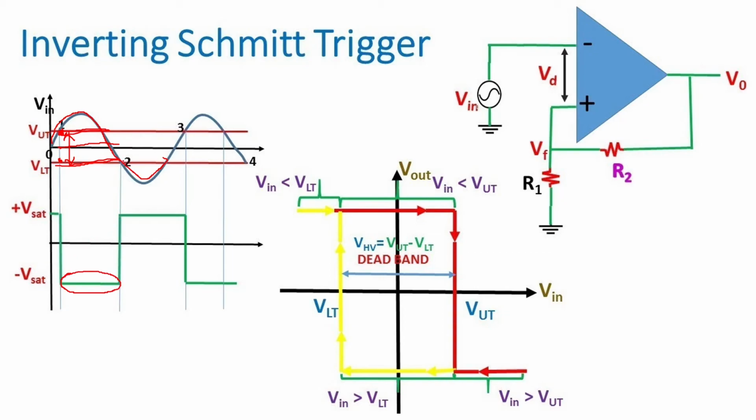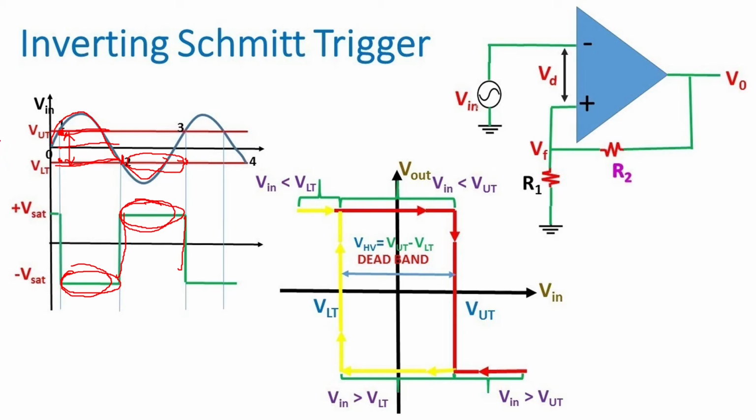Similarly, here, between the upper threshold and the lower threshold, the output is not changing. It has changed only here, but here it is not changing. It remains the same. This part of the output response, between VUT and VLT, can be plotted as shown here, and it is called a dead band.